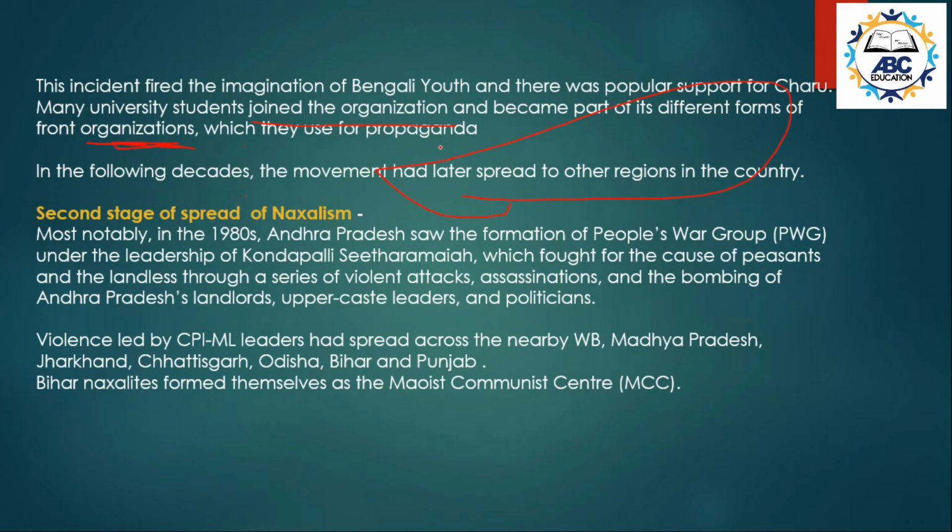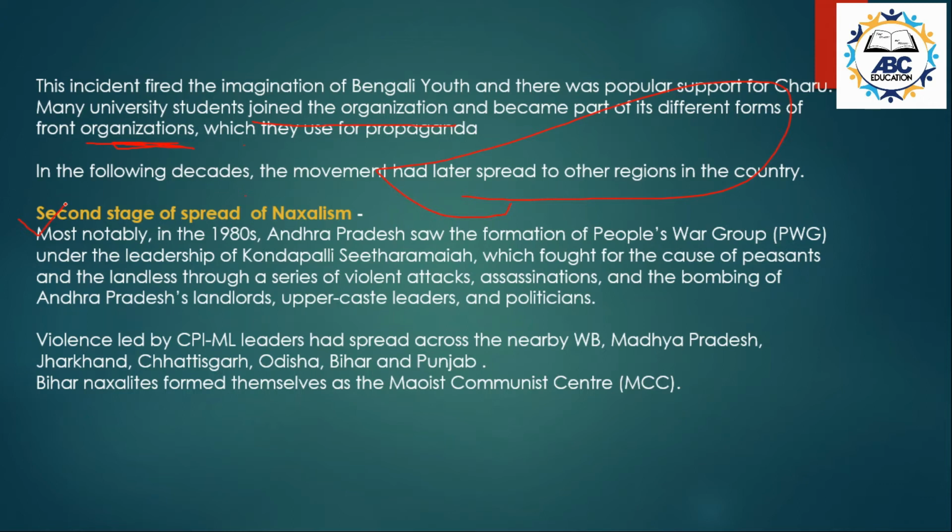Okay, तो इस तरीके से इस मूवमेंट का धीरे धीरे करके एक्सपेंशन हुआ and it got spread to other parts of the country also when a lot of youth got attracted to this ideology and they became part of this organization. Now we have to study about the second stage of spread of Naxalism.